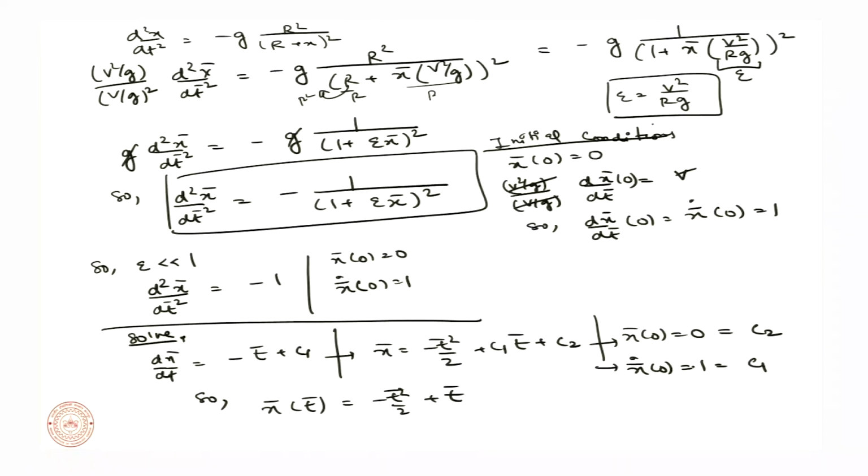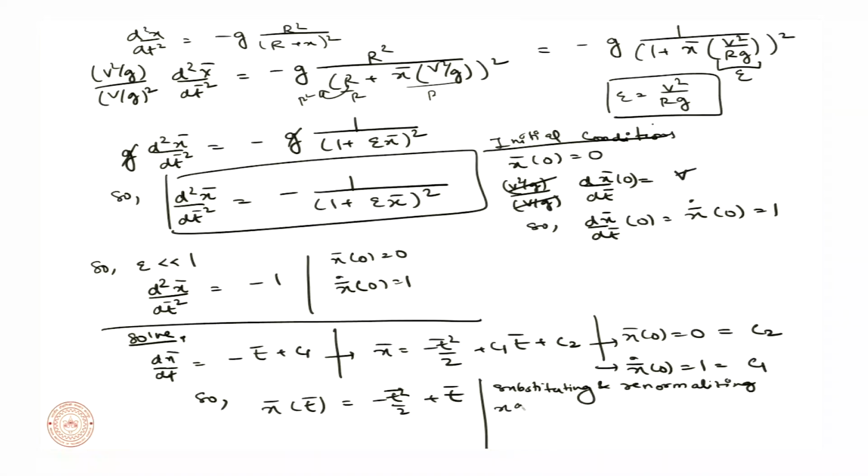So, if we substitute back, substituting and renormalizing our expression, x bar, if you remember, was x g by v square.